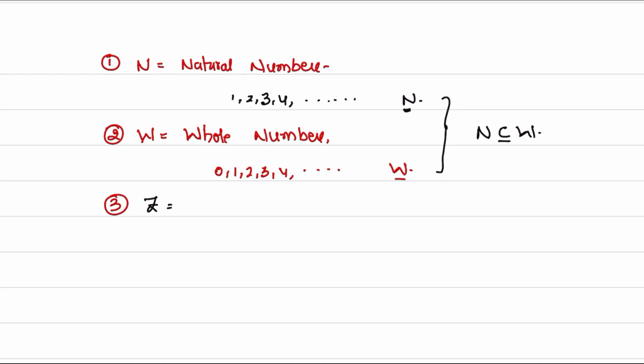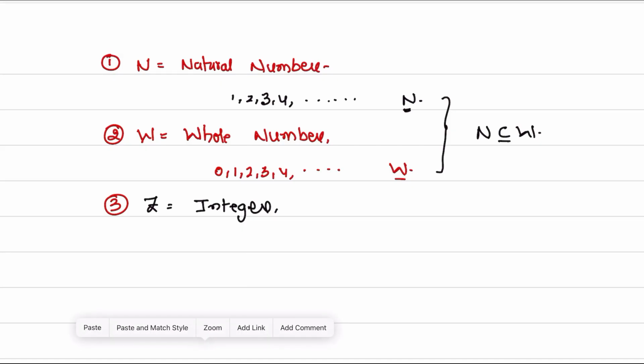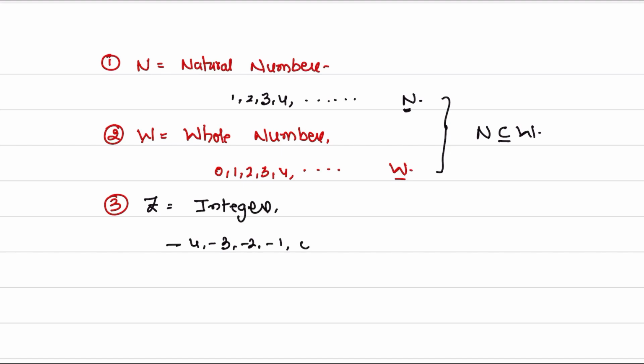Integers means negative numbers, including 0. Z is a set of integers: minus 4, minus 3, minus 2, minus 1, 0, 1, 2, 3. This is called Z. This is integer.